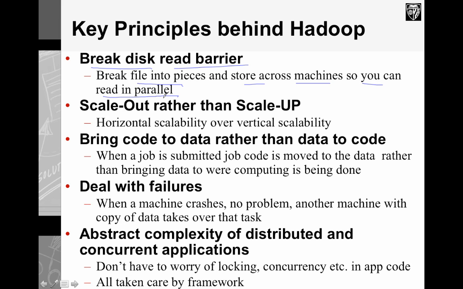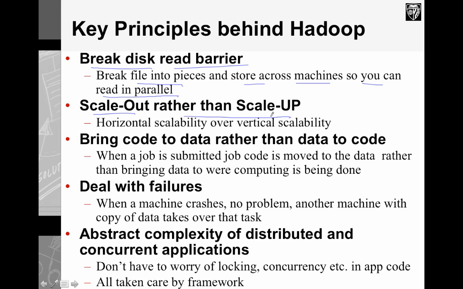So rather than reading from one disk and getting stuck with the bandwidth limit of that disk and the computer, you're using parallel loading technologies across machines and across disks in order to break the disk barrier.